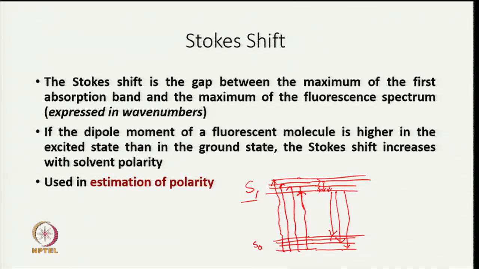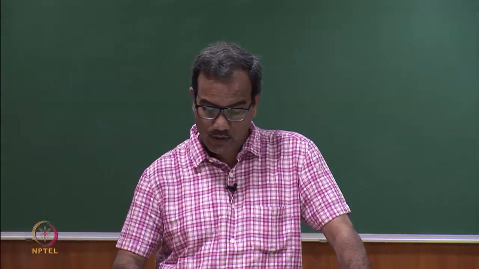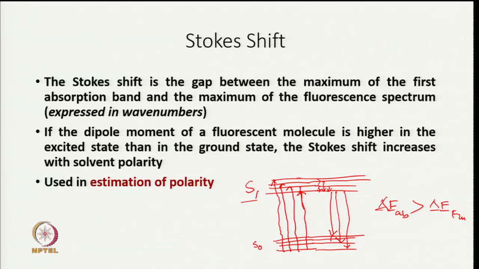Now, you can see that here delta E of absorption is going to be higher than delta E of fluorescence, because all the fluorophores need to come back to the lowest vibrational state of the S1 excited state. So, the gap here is smaller than the gap between S0 and S1.